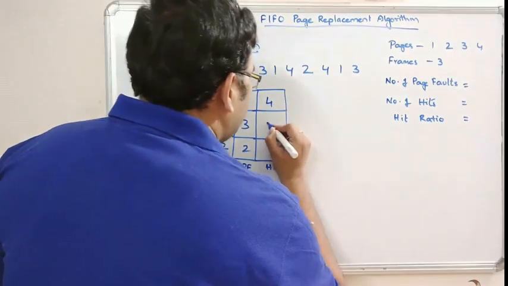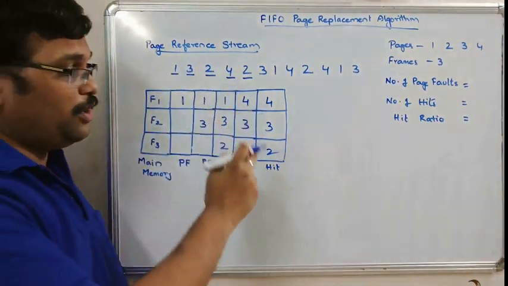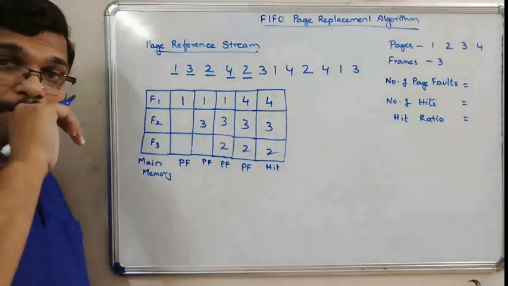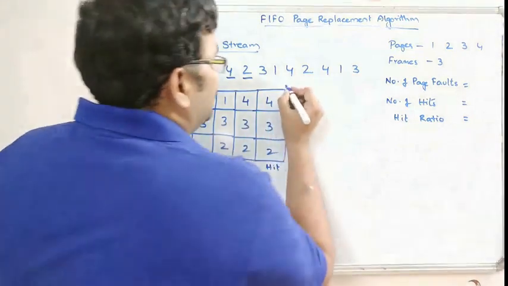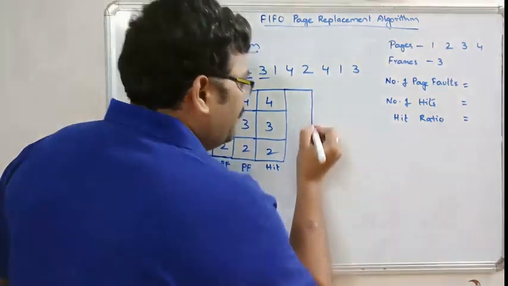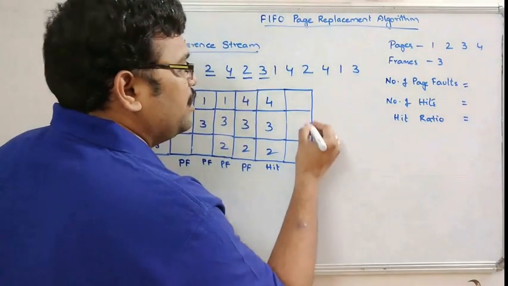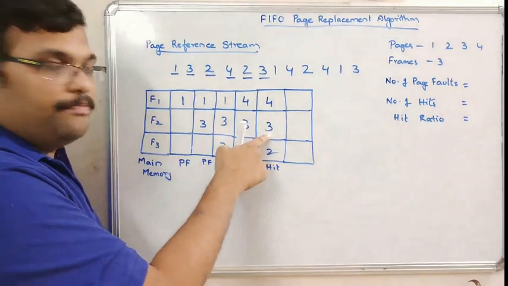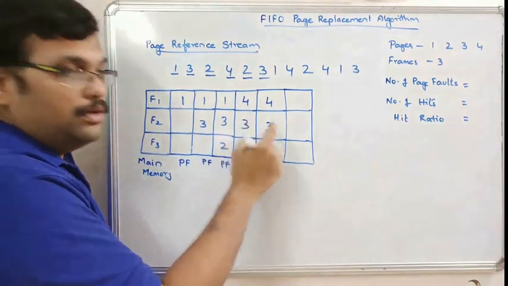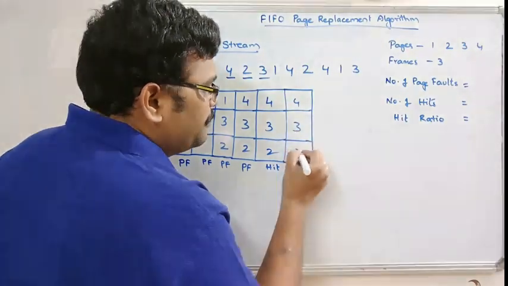So nothing will be changed, because page 2 is already available in our main memory. Next, string 3. The same process is applied. We can know that 3 is already available in frame 2. So again a hit, and no change will be done.